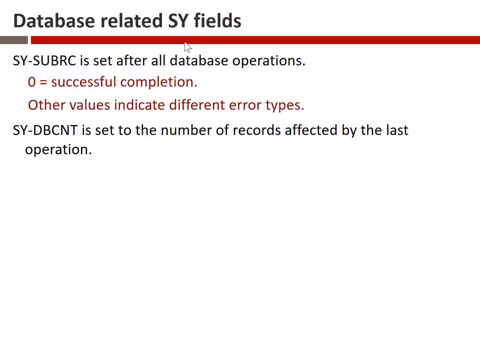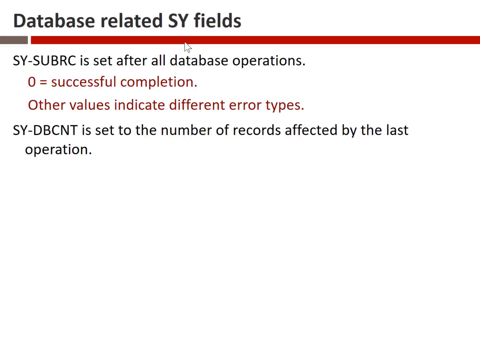If I say select, and then whatever it is I want it to select, and I execute that statement, and I want to know before I go into the rest of my program whether or not I got back any data, well, I could check sy-subrc, and that would just tell me, yes, your select was correctly executed. But technically speaking, it doesn't tell me whether I got back any data, because you could write a select statement that's perfectly syntactically valid, but returns nothing. So it might make more sense for me to check sy-dbcnt.